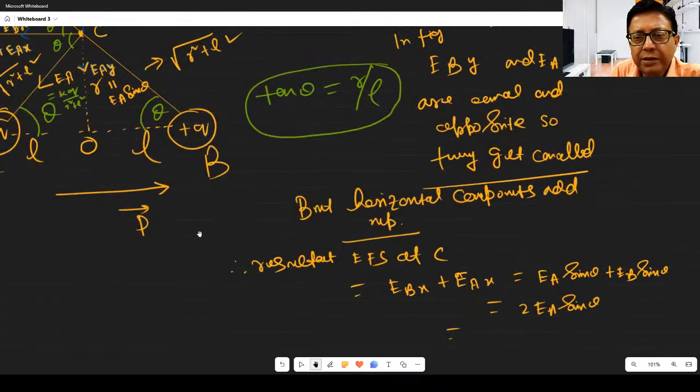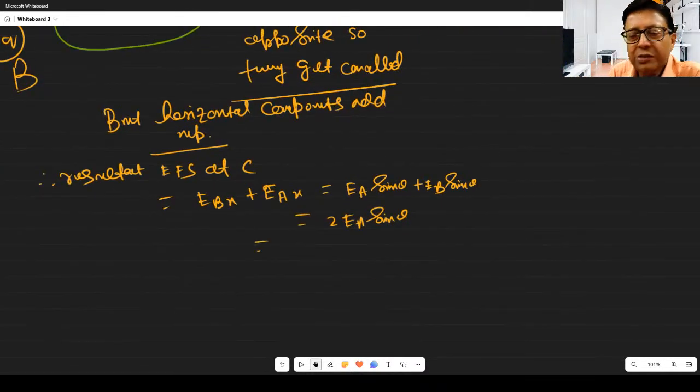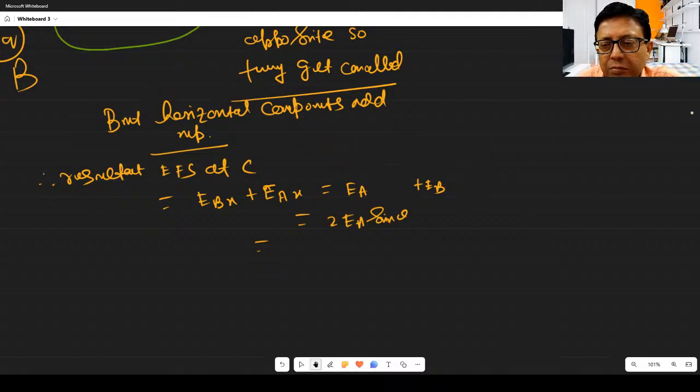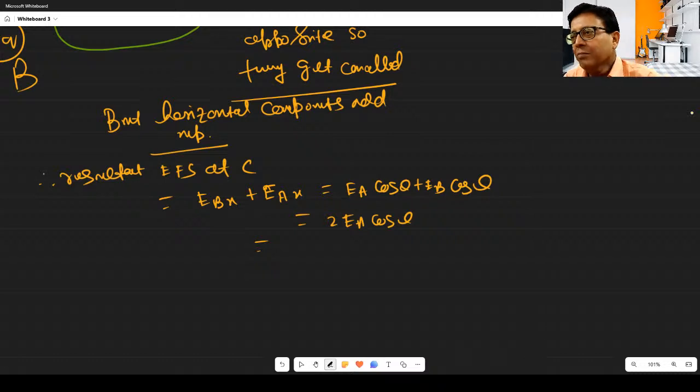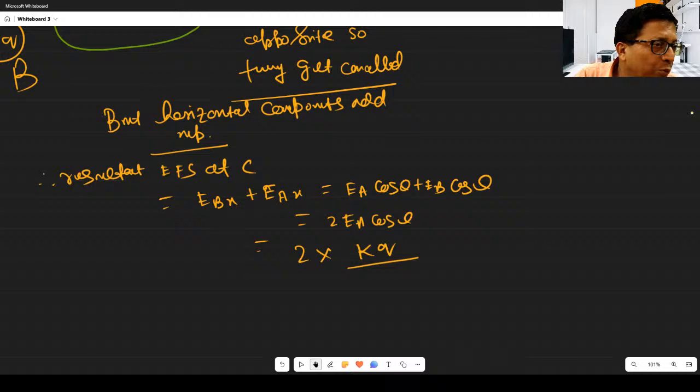Let me check. Oh, this will be cos theta. This is cos theta. Cos theta. This is also cos theta. Okay? So 2 into AQ, we have the calculation there.